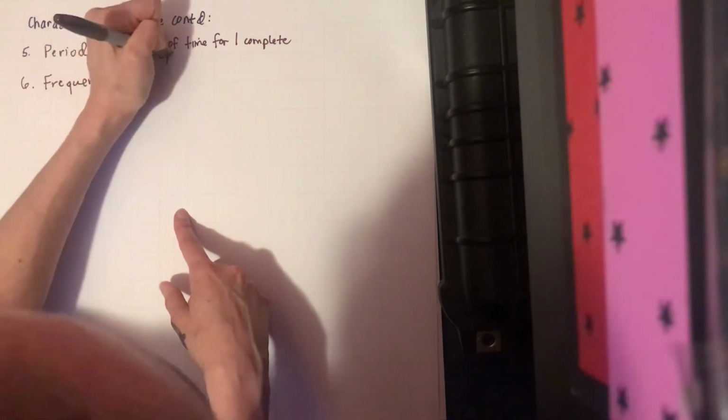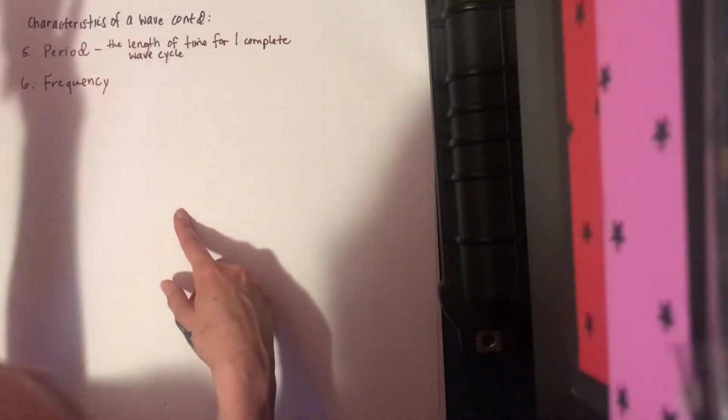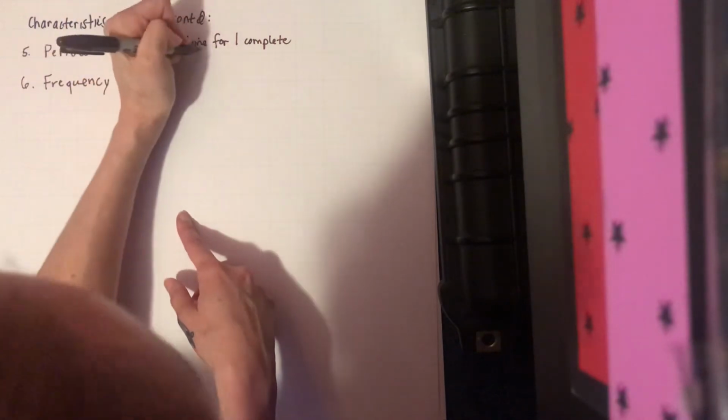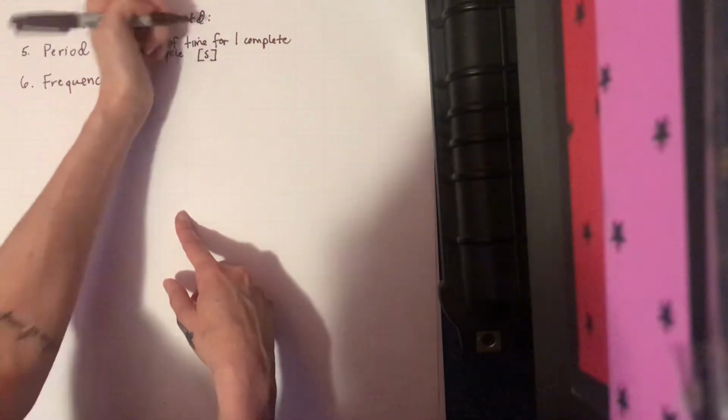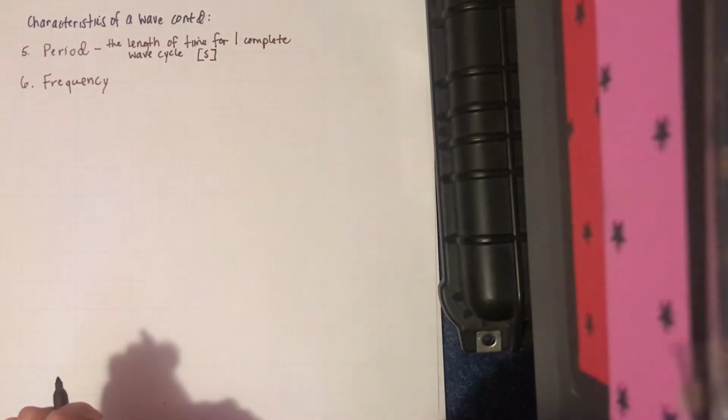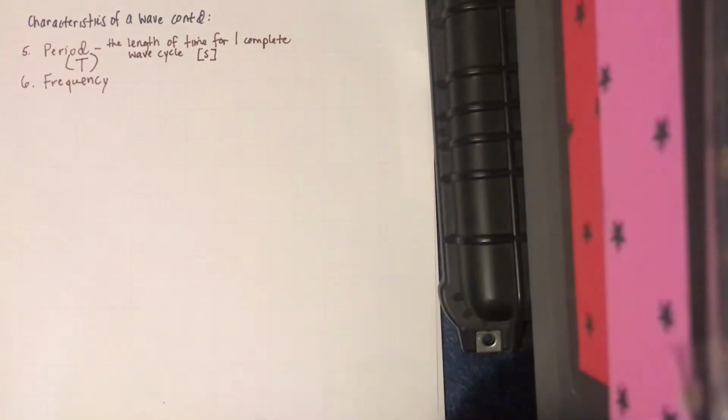And we measure the length of time for one complete wave cycle in seconds. Period is represented by the variable capital T.